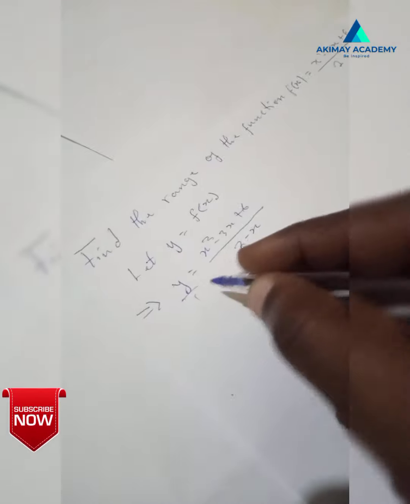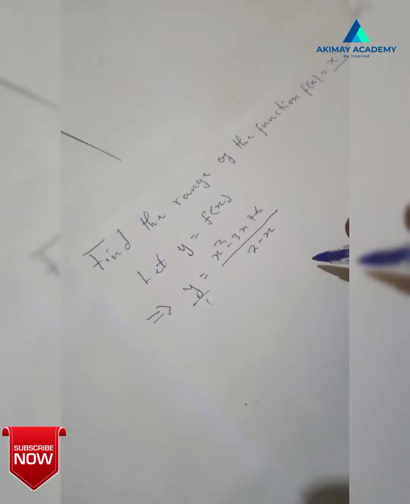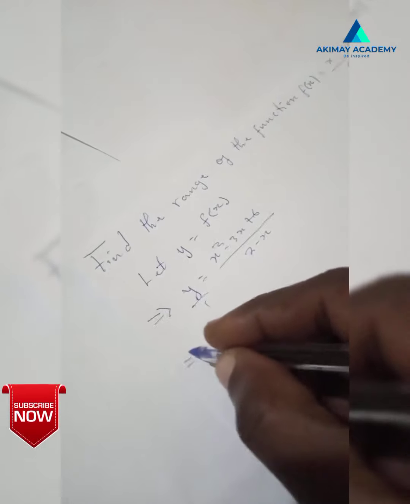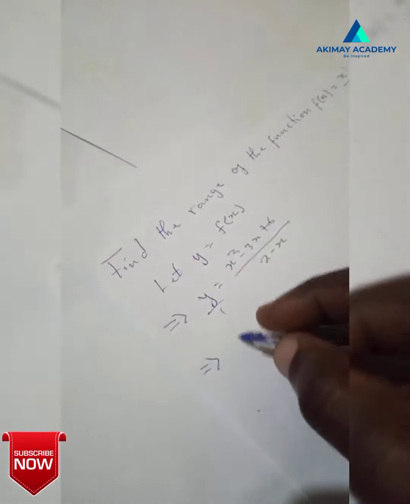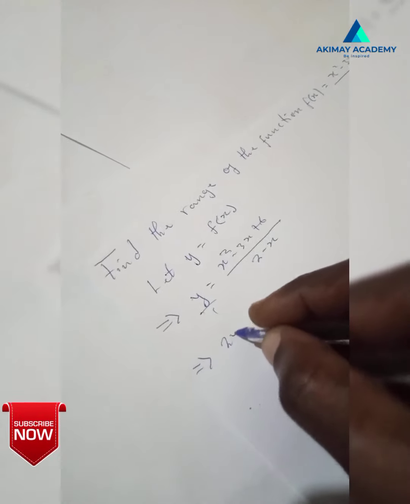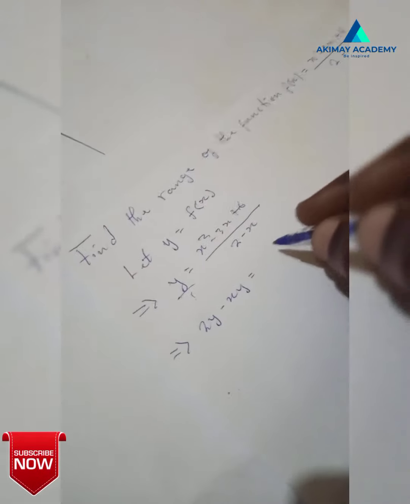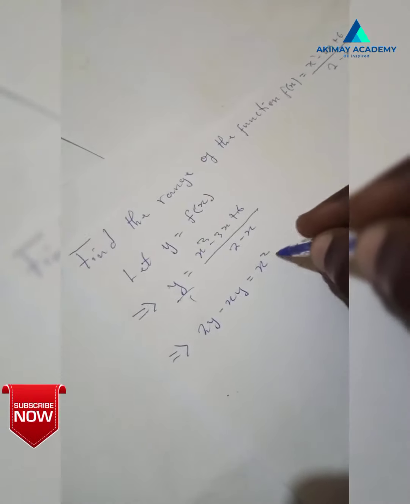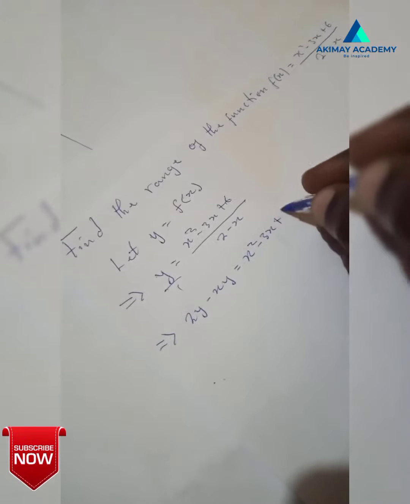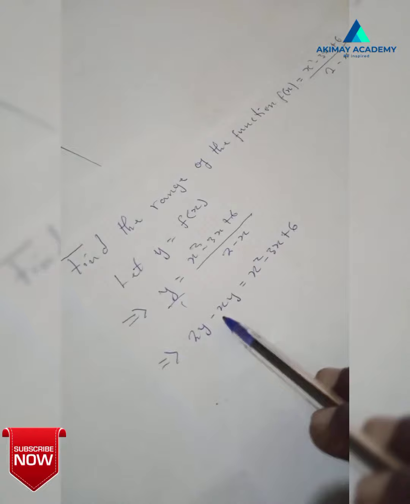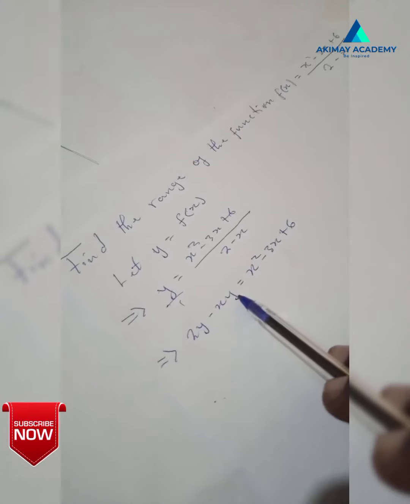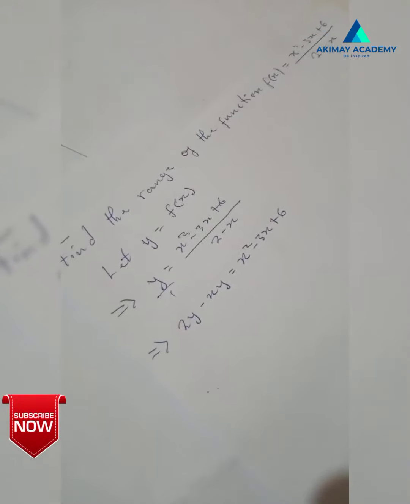So here we can bring one here, so that we do cross multiplication. So we are going to have 2y minus xy equals x squared minus 3x plus 6.